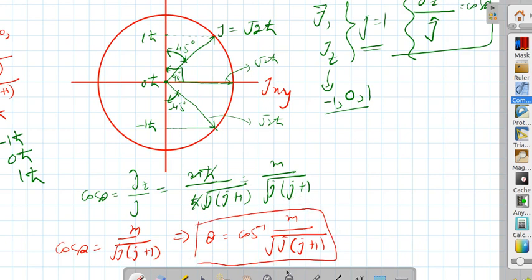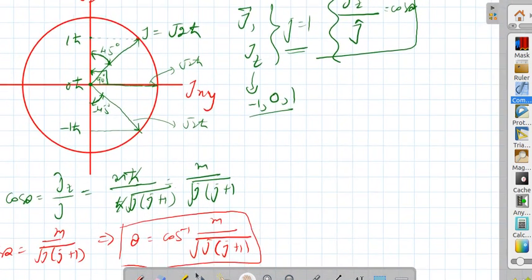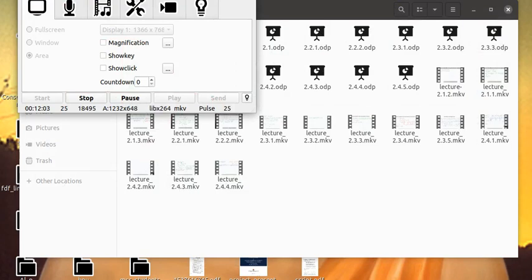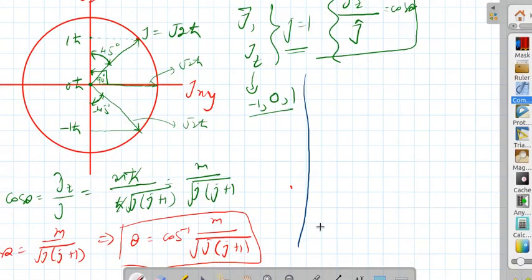Now for j equal to 1, the value of m will be minus 1, 0 and 1.